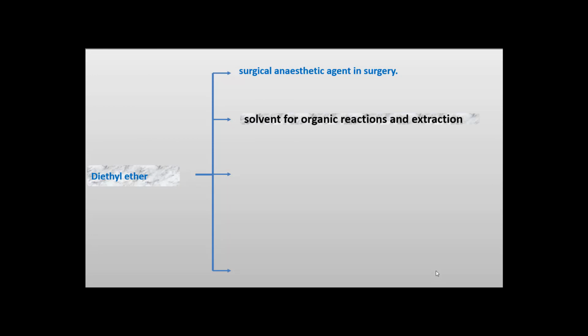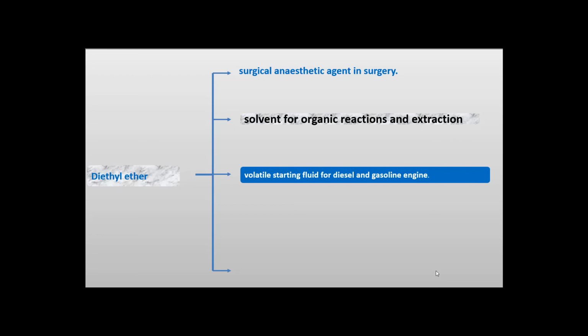Next, diethyl ether is used as a solvent in organic reactions and extraction. Diethyl ether is used as a volatile starting fluid for diesel and gasoline engines. Last one, it is used in refrigeration. So diethyl ether is used as an anesthetic agent, as a solvent, as a volatile starting fluid for diesel and gasoline engines, and for refrigeration.